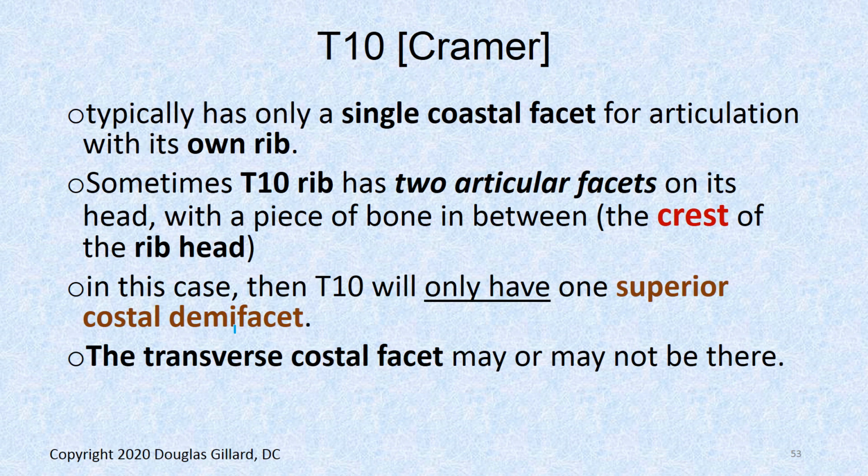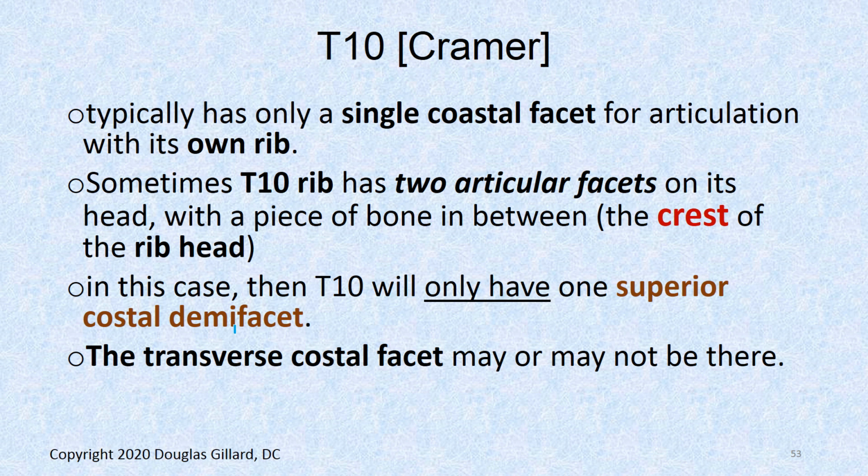Okay. What about T10? Typically, it has only a single costal facet as well, so it's very similar to T11, but this one's a little more variable. Sometimes T10 has a superior costal demi-facet, because the T10 rib sometimes shares with T9 and sometimes it doesn't.